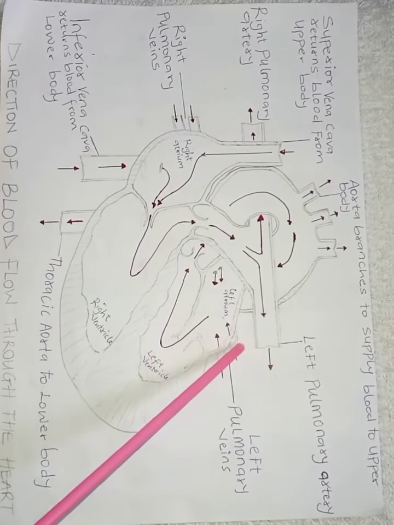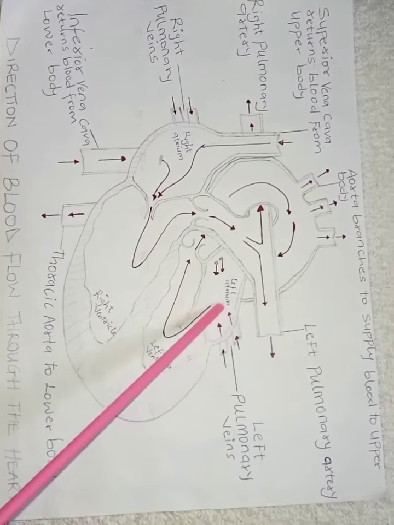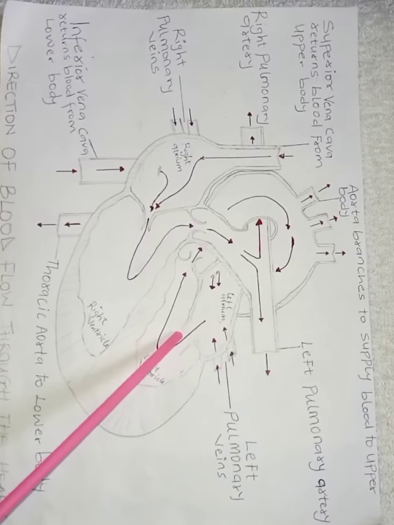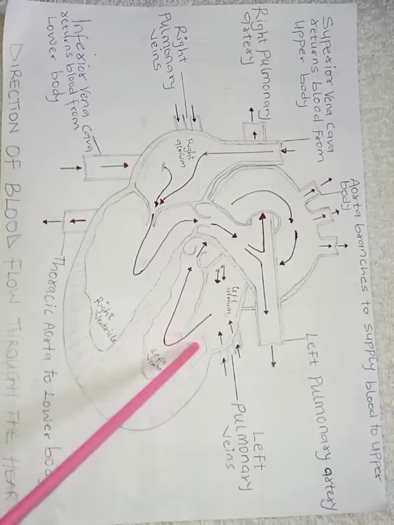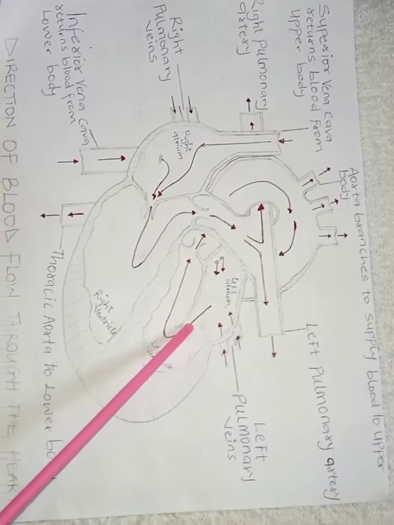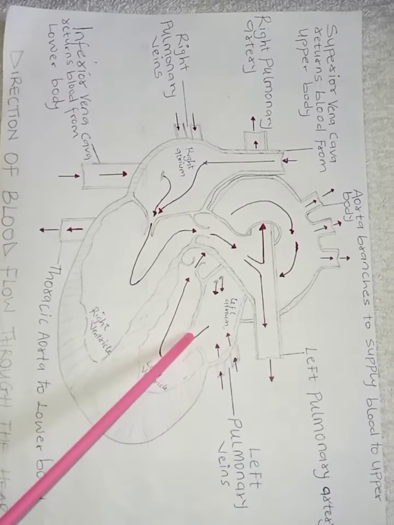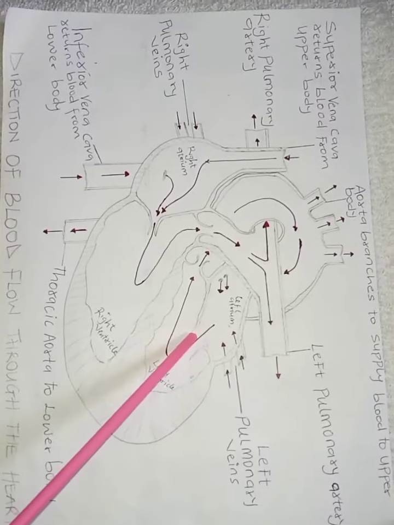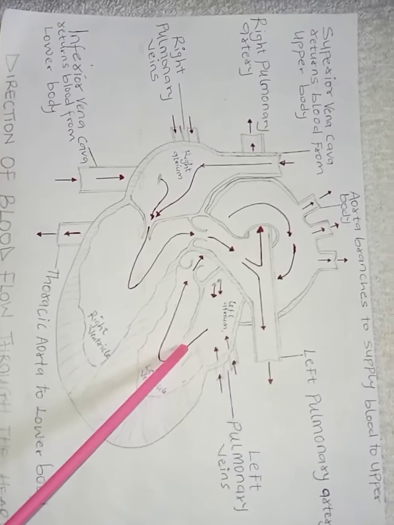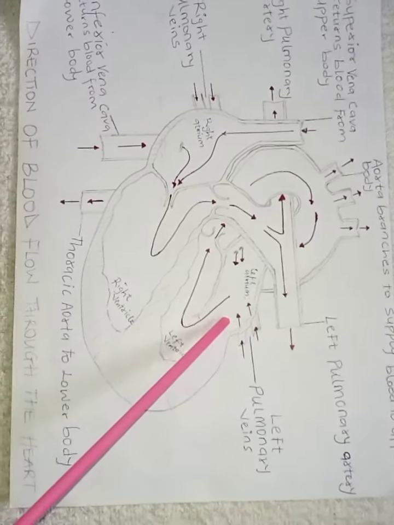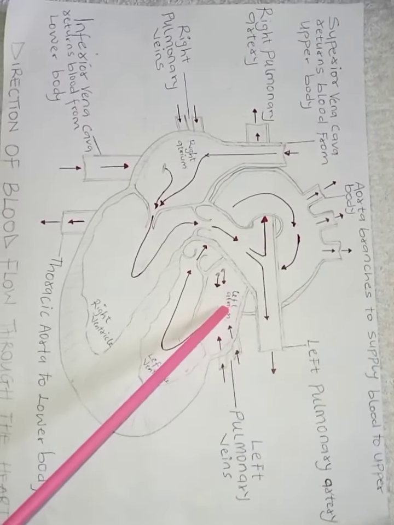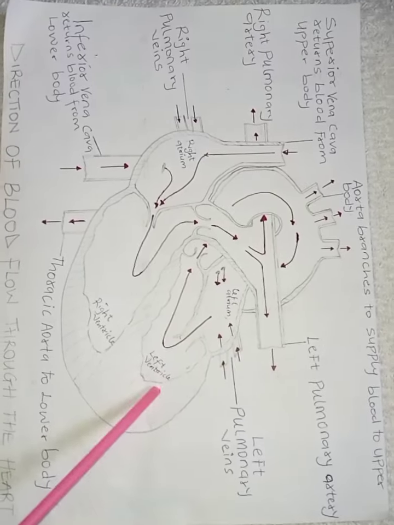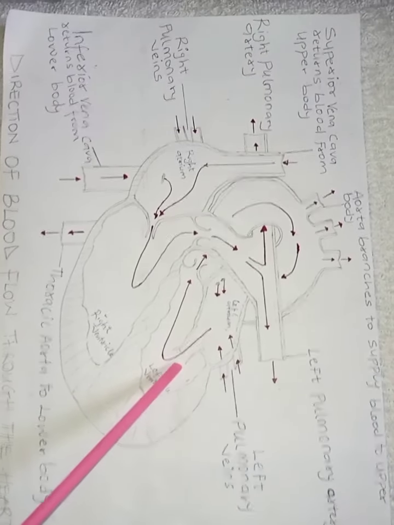This contraction causes the left atrioventricular valve to open. Either you call it the left atrioventricular valve or you call it the mitral valve. And when it opens, blood flows from the left atrium into the left ventricle.